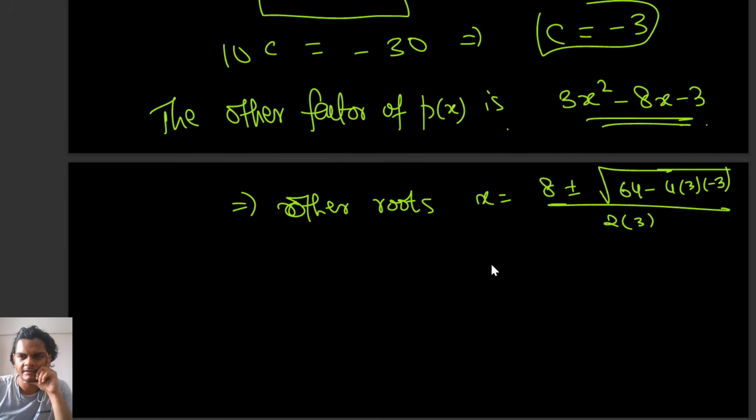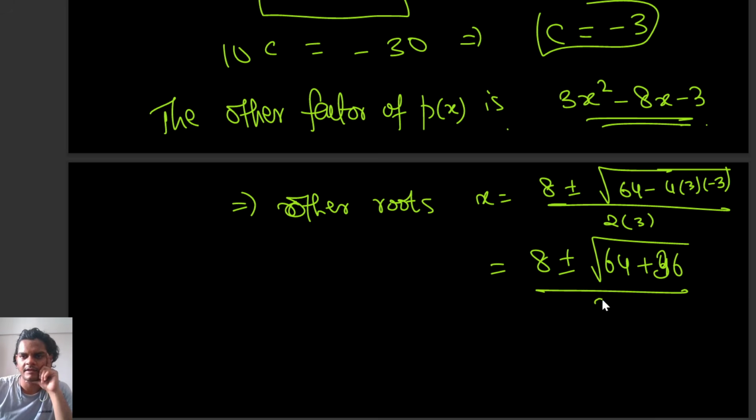So that is 8 plus minus square root of 64 plus 48, which is 112? Yeah, 12 into 3, 36. Oh, sorry, divided by 2 into 3. This is 10. So other roots are x is equal to 8 plus 10 by 6.